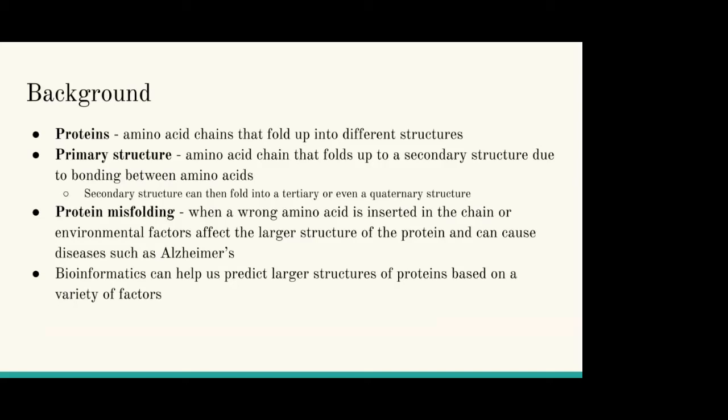Basically, protein misfolding is when the wrong amino acid is inserted into a chain, and when this happens, diseases like Alzheimer's can potentially be caused. So bioinformatics can be key in helping us predict what the larger structures of proteins can be based on a multitude of factors instead of just single factors.